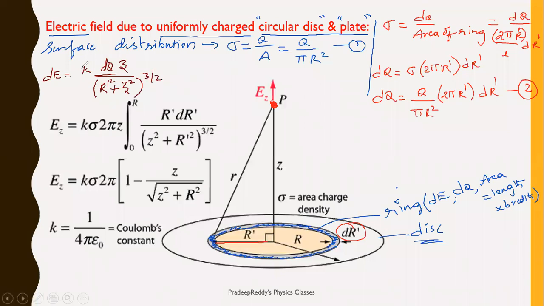This is the equation which we derived in the previous article. What is the electric field due to a ring? K Q x by (r square plus x square) whole power 3 by 2.